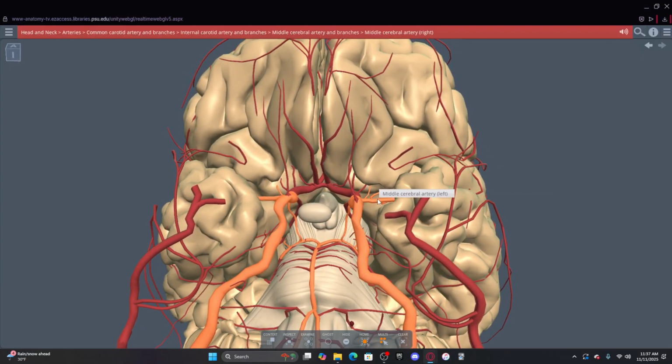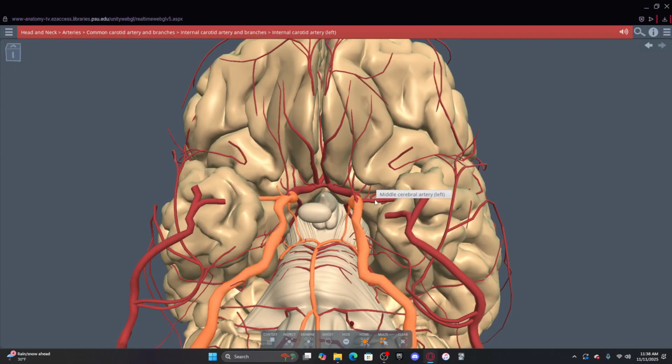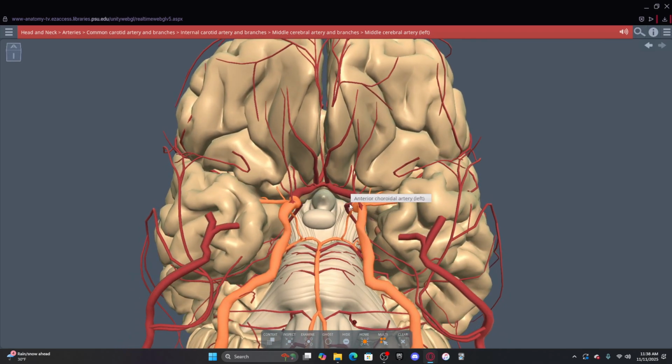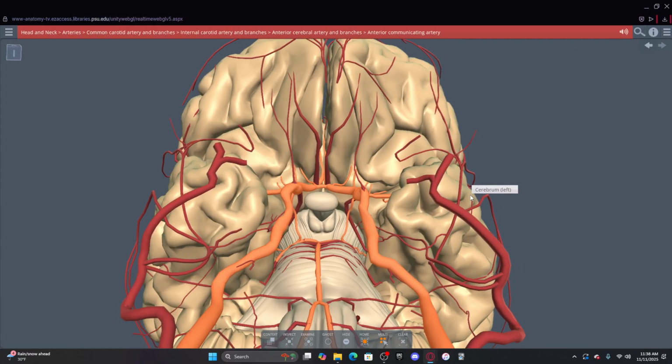And then our middle, see these are our middle cerebral arteries, so middle cerebral. And then also coming from our internal carotid, we see the anterior cerebral arteries, right and left. And connecting the anterior cerebral arteries are the anterior communicating arteries. So remember, we have two posterior communicating arteries, and we have one anterior communicating artery.